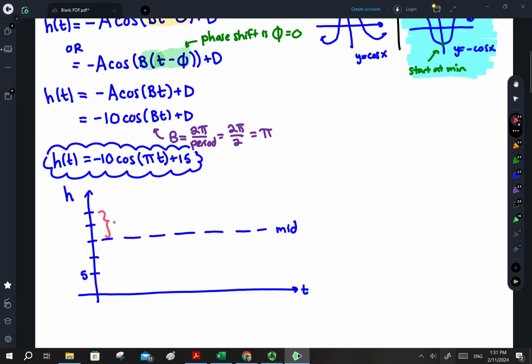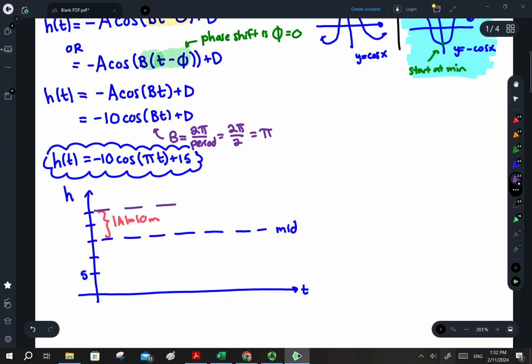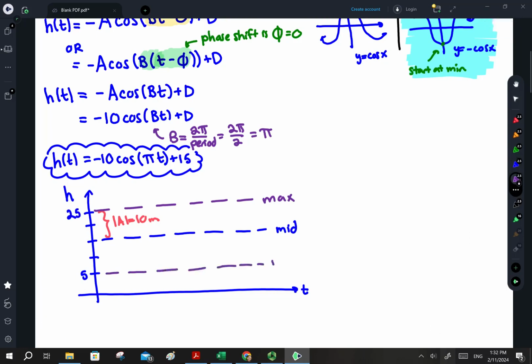So the amplitude is 10 meters. So if I go 10 units up from the midline, I reach the maximum, which will be at 25. And if I go 10 units down from the midline, I end up with the minimum, which will be at 5 meters, which again all matches up with what we saw in our diagram.